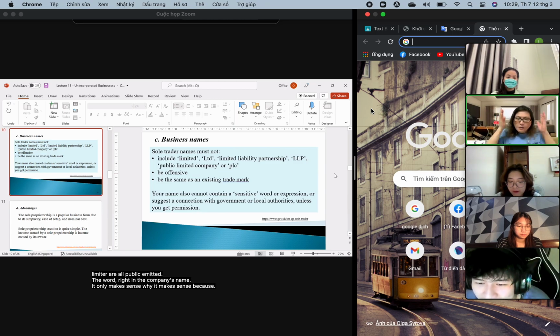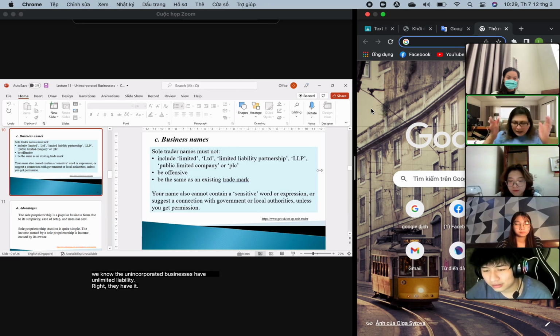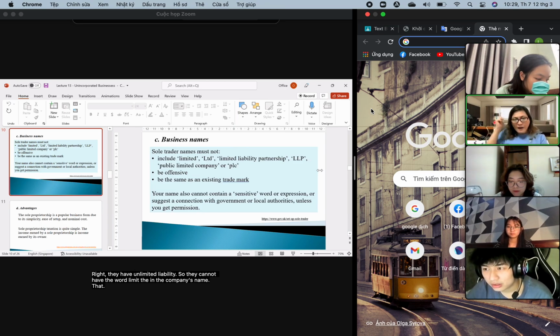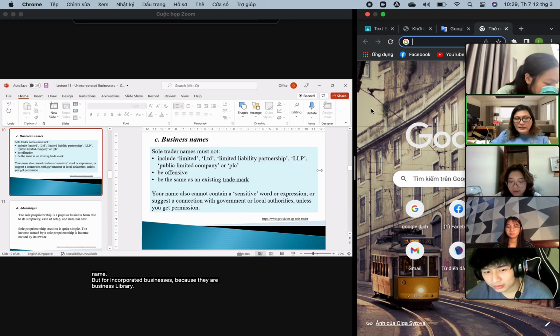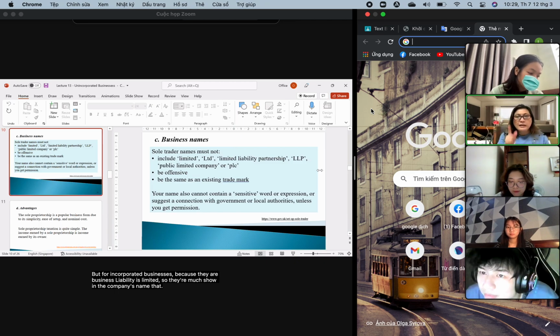Because we know that unincorporated businesses have unlimited liability, so they cannot have the word limited in the company's name. But for incorporated businesses, because their business liability is limited, they must show in the company's name that it is a limited company.